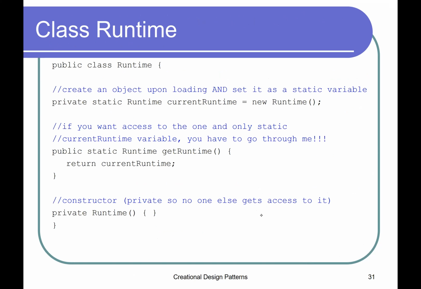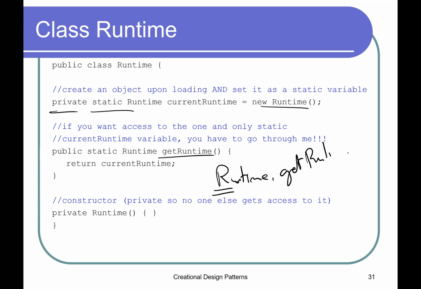So here's an example, Runtime. I'm going to produce an object runtime, make it static and private. Any client who wants it has to go through the class Runtime, with the capital R, dot getRuntime.